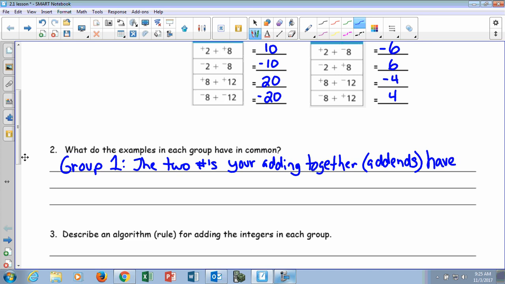When they have the same sign, the answer basically has the same sign, right? So up here, when I added a positive and a positive together, we ended up with a positive number. Over here, when we added a negative and a negative number, we got a negative answer. Same thing here, positive and a positive, the number was positive. Negative and negative, the answer is negative. Okay? Question?